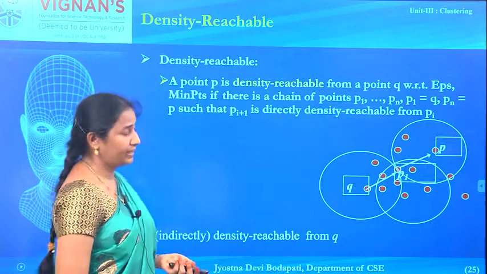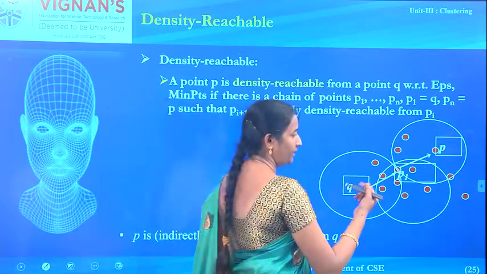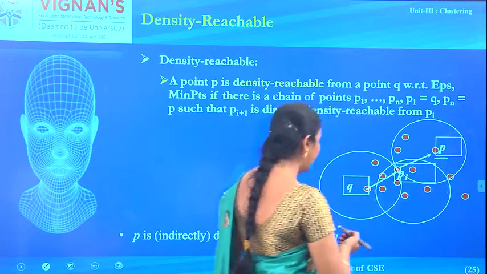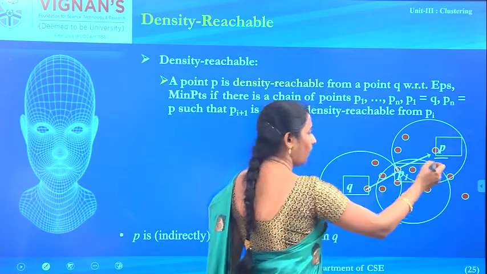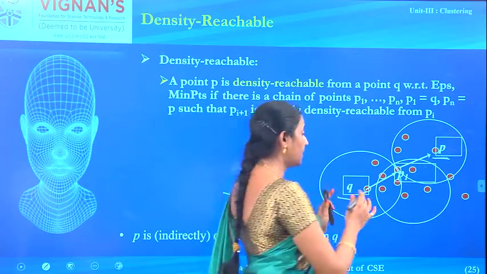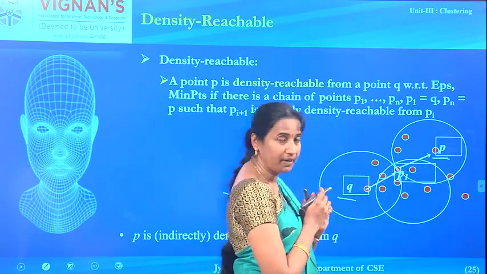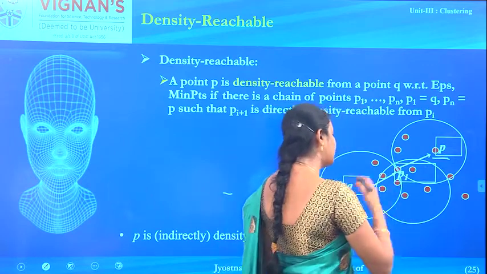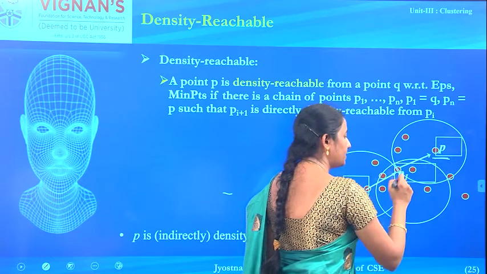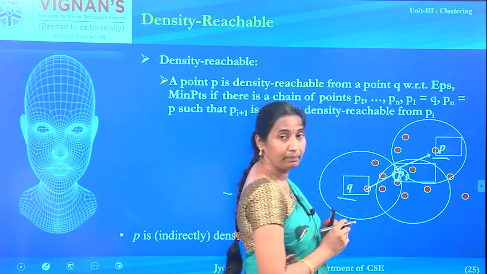Now let's see what density reachable is. We can define it like this. A point P is density reachable from the point Q if there exists an intermediate point P1 which is directly density reachable from Q, and P is in turn directly density reachable from P1.